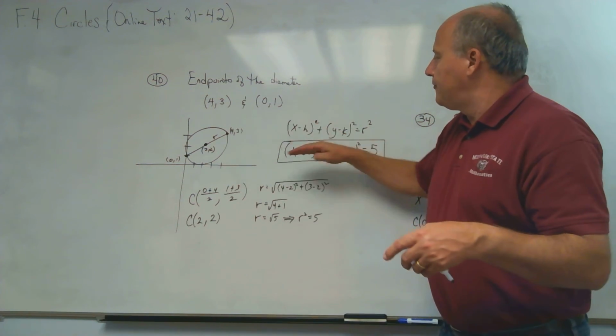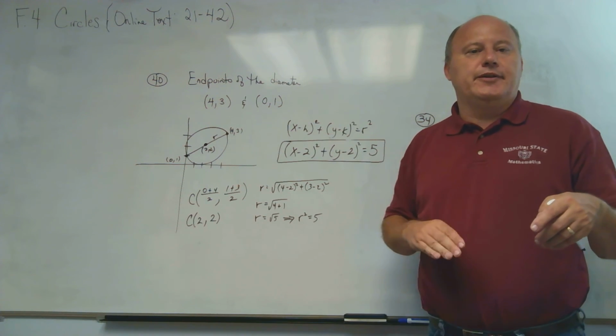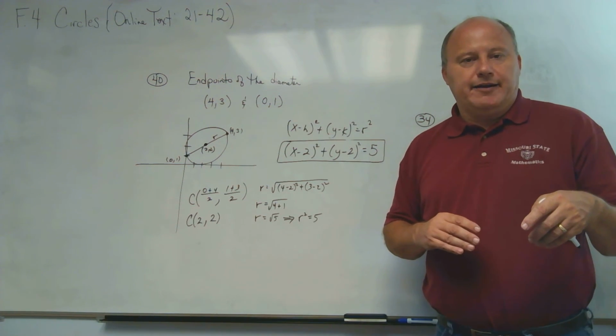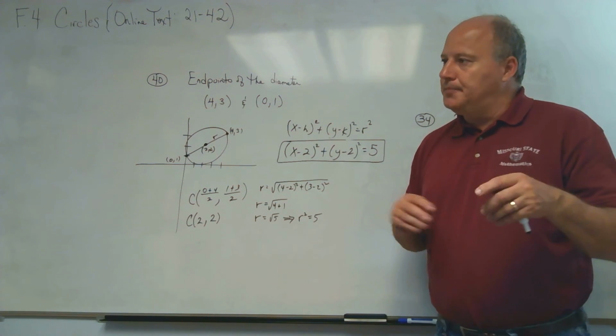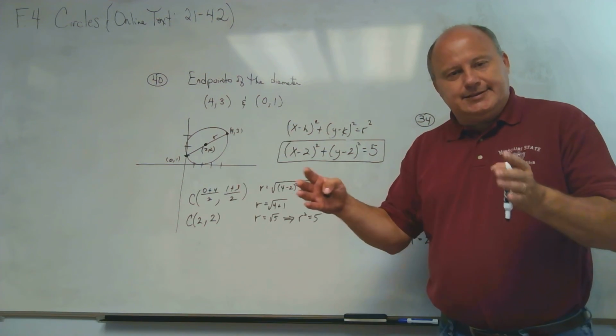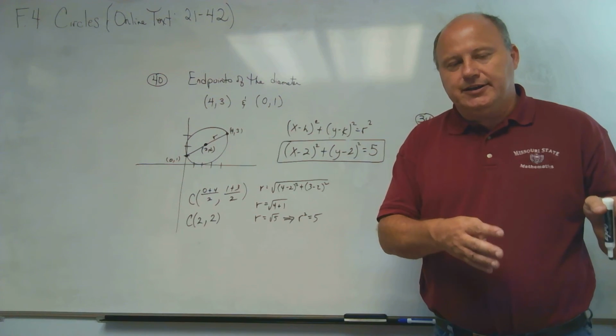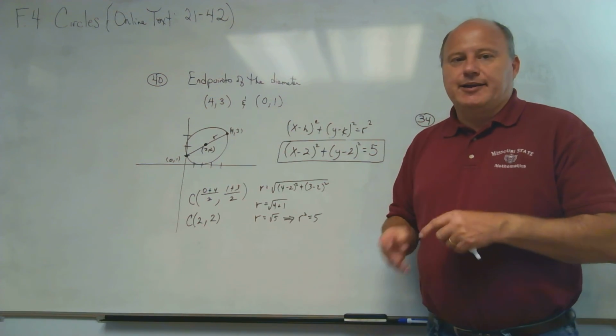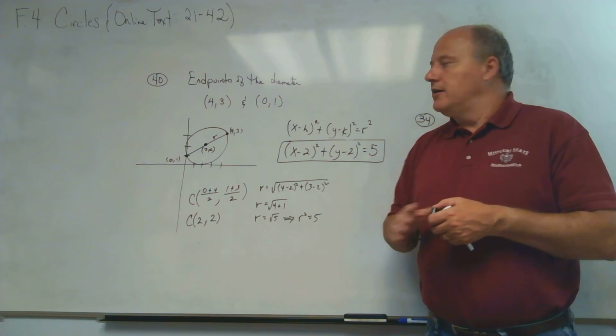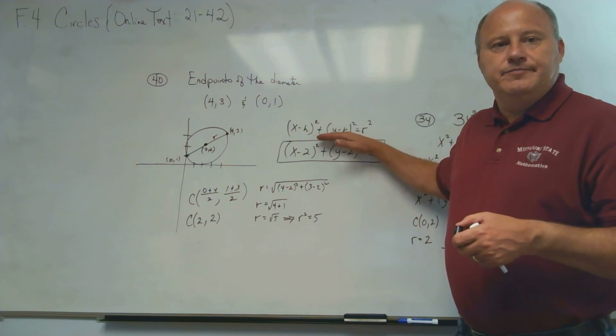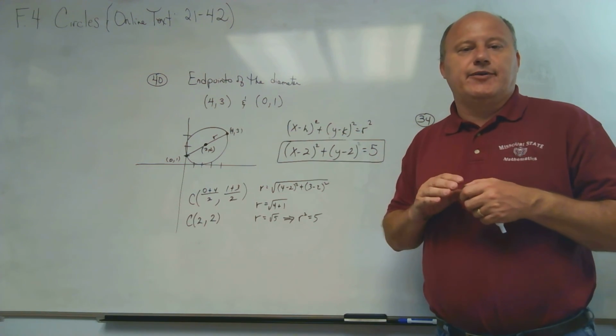You're dealing with a different formula than you dealt with back in F3, but it's the same idea. You have to have certain information in order to do it. Just like if you don't know the point-slope formula, if you don't know this one, you're kind of dead in the water right off the bat.